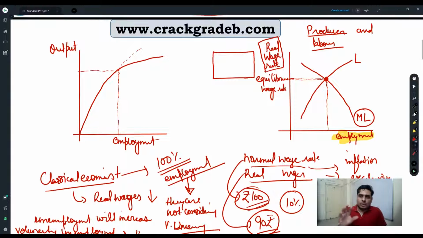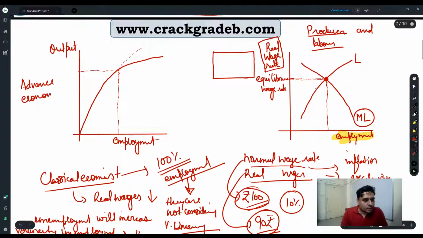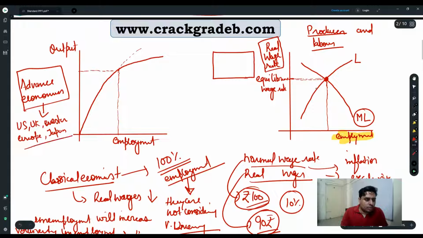But one thing you should always keep in your mind: whatever models we have studied till now in this SEBI special part, that is only for advanced economies, like the US, UK, especially Western Europe, Japan.